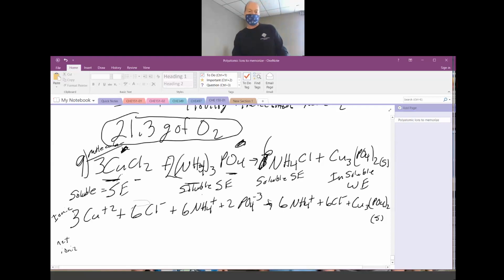So if you have your Cl minus, you can't have Cl minus be a reactant and a product. It is a reactant or a product, or it cancels out completely. You subtract 6 Cl minuses from both sides. It is actually not in the net ionic. Same with the ammoniums. You subtract 6 ammoniums from both sides.